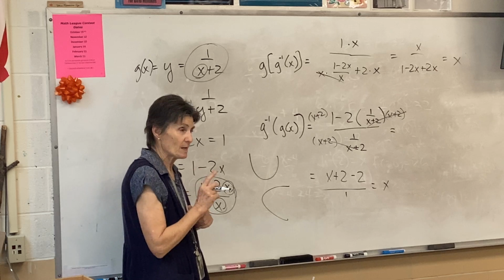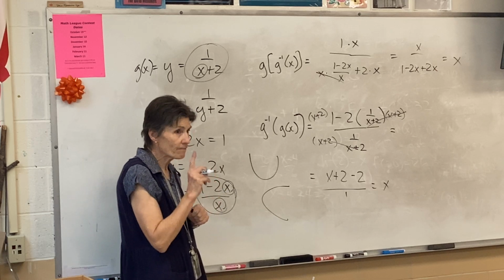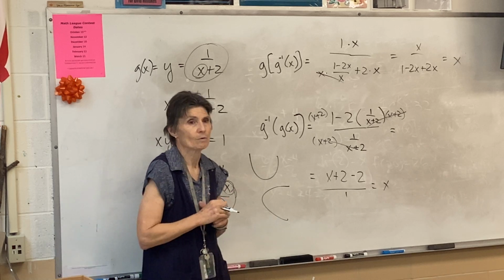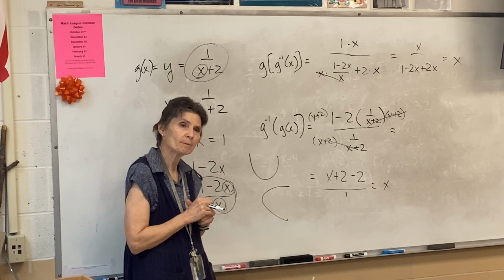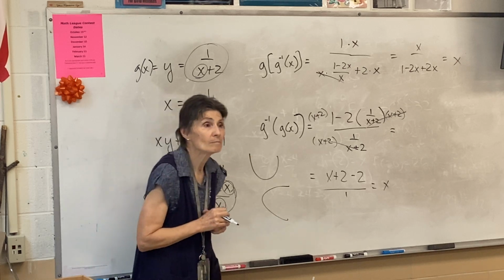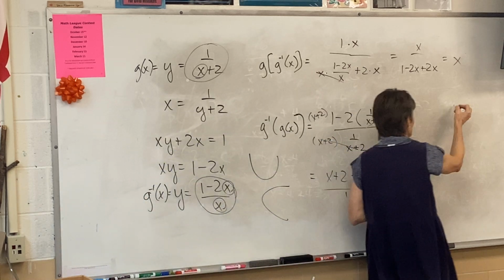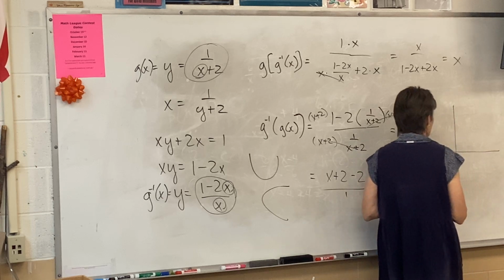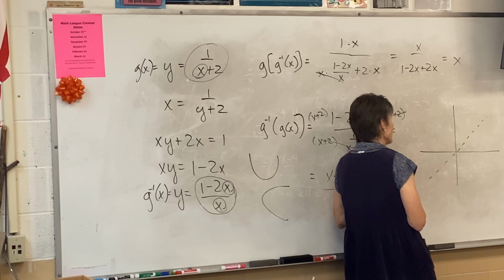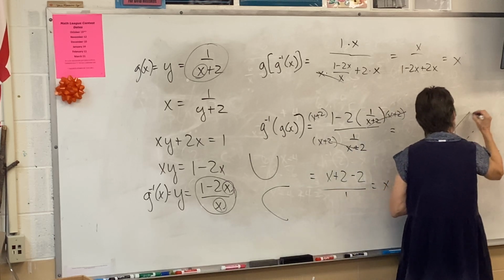There are other things that are functions, and the inverse is also a function. Can you think of a shape that would work? Lines. So take a line, like maybe, here, I'm going to put my identity in there. But let's take this one.